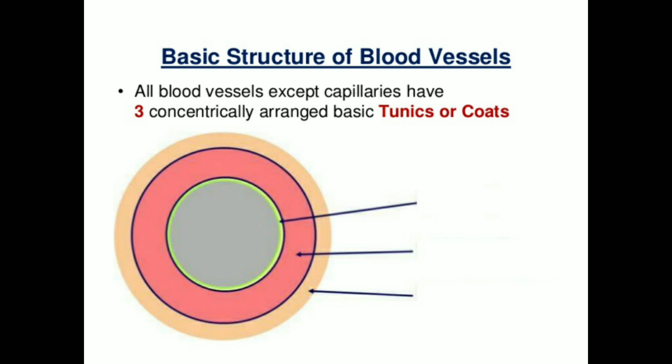The middle layer is called the tunica media. The outermost layer is called the tunica adventitia. Tunica means coat. They are the coats of the blood vessel.